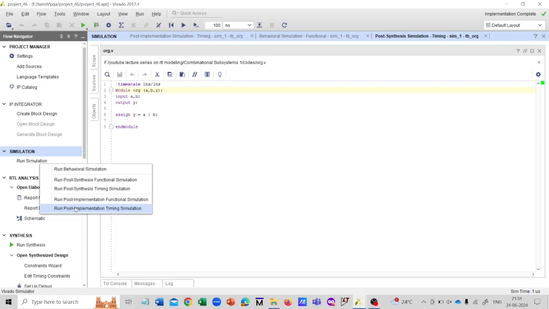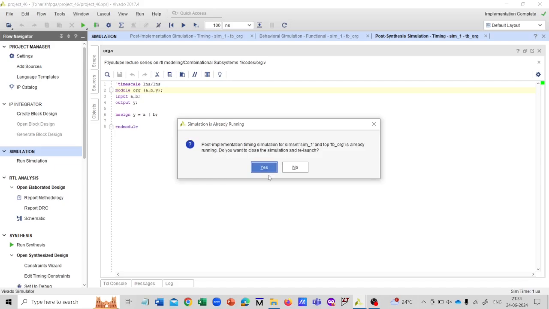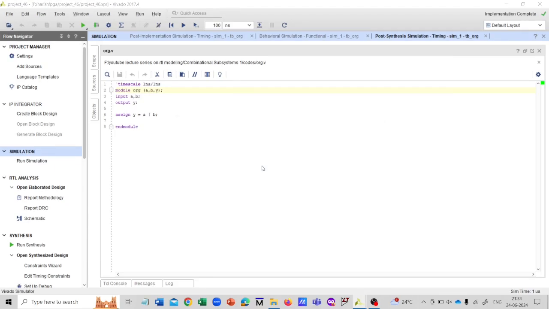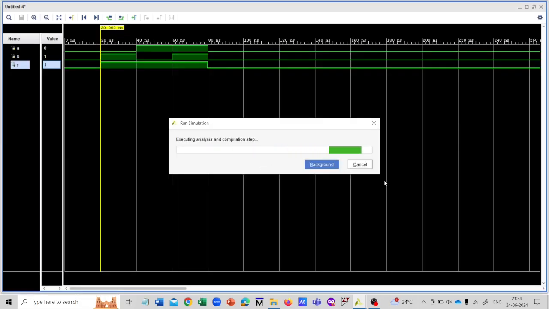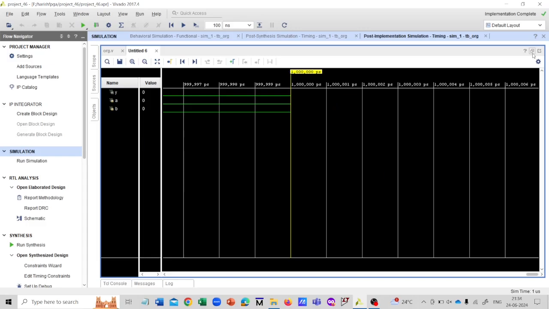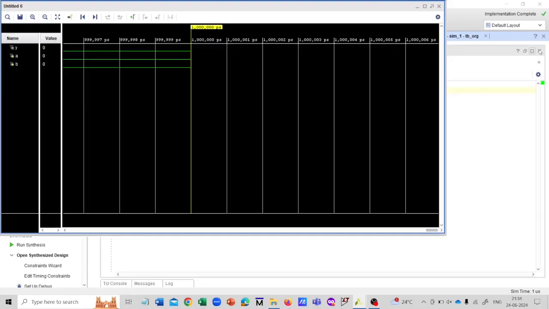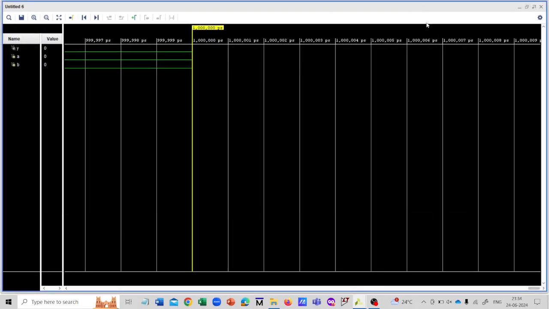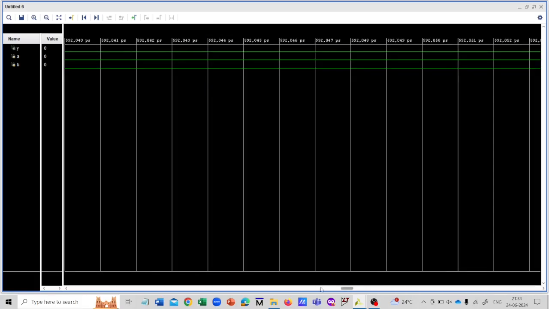Okay, let us verify this. Let us perform the post implementation timing simulation on the same netlist. This is the previous waveform. Let us ignore it. Yeah, now you have the post implementation waveforms for the post implementation timing simulation.